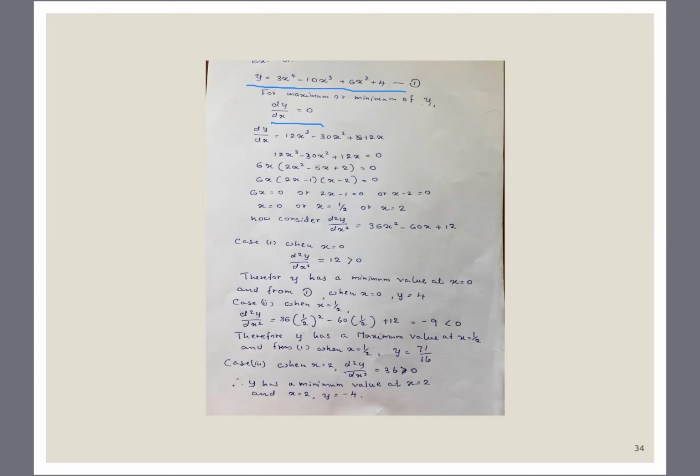Okay, so what we want to do: because at a maximum or minimum point our function's slope is equal to 0, right? Therefore we can equate this to 0. When we equate it to 0, I want to find the value of x. For that, we can use the factorization method. First I remove the common factor, that is 6x.